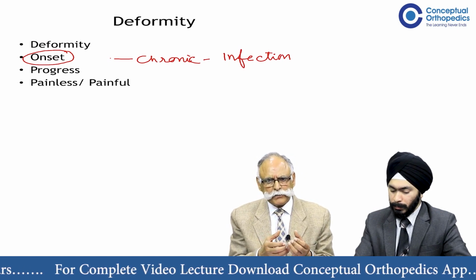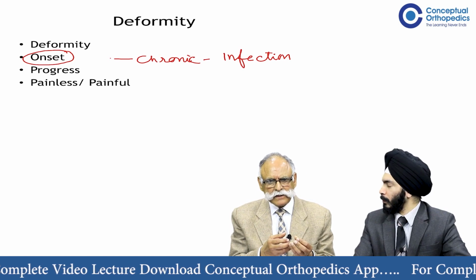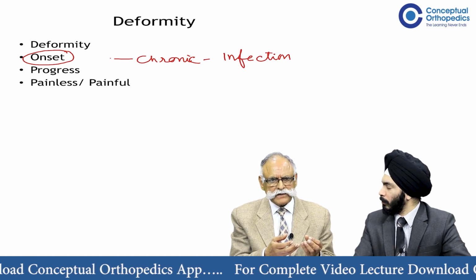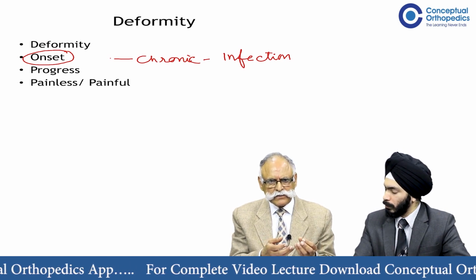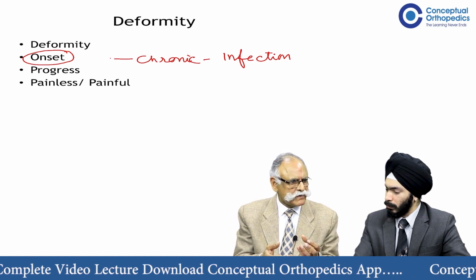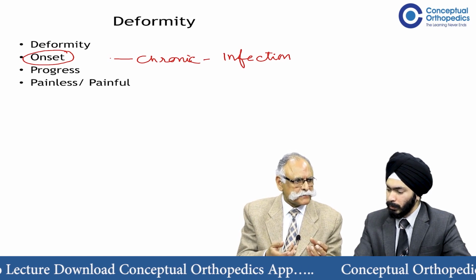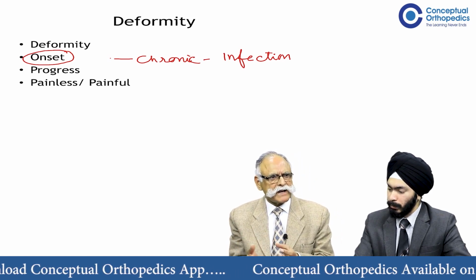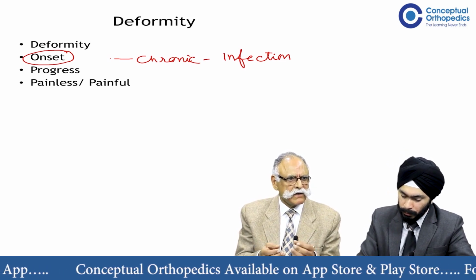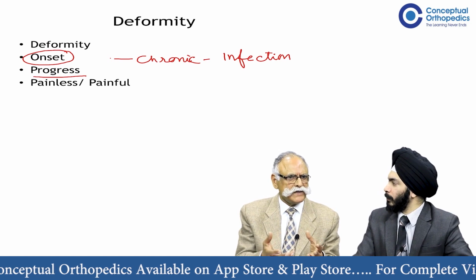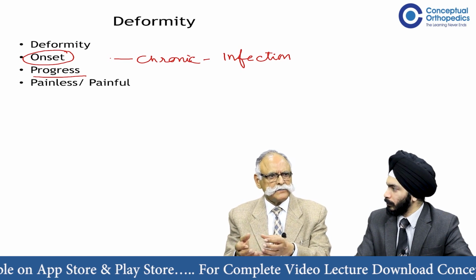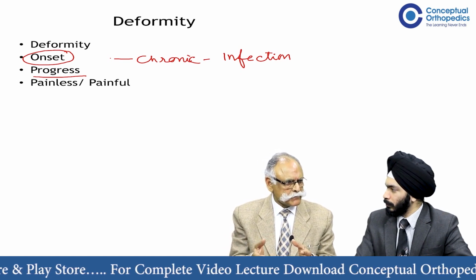In children, the deformity could be because of a spastic condition in which the deformity keeps on increasing, or a paralytic condition where the deformity gradually increases, or because of an injury where the deformity keeps increasing as the child keeps bearing weight on the foot.